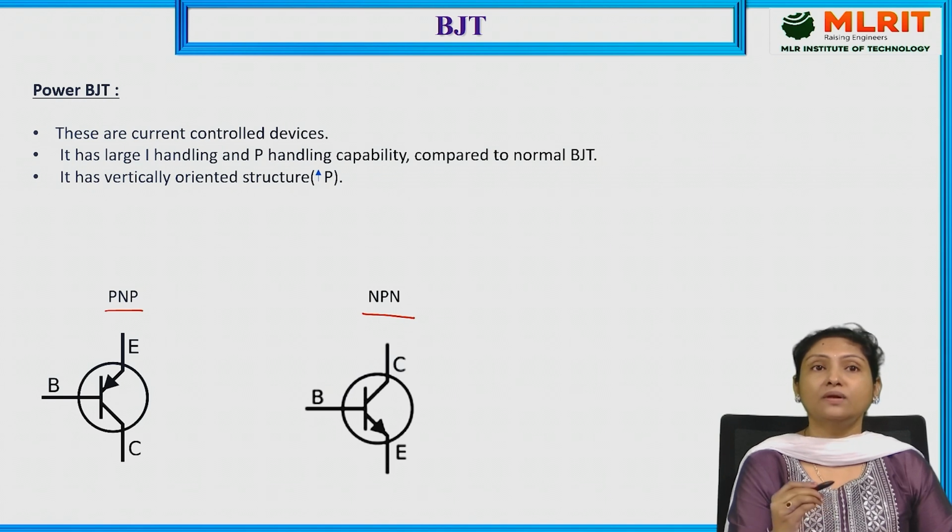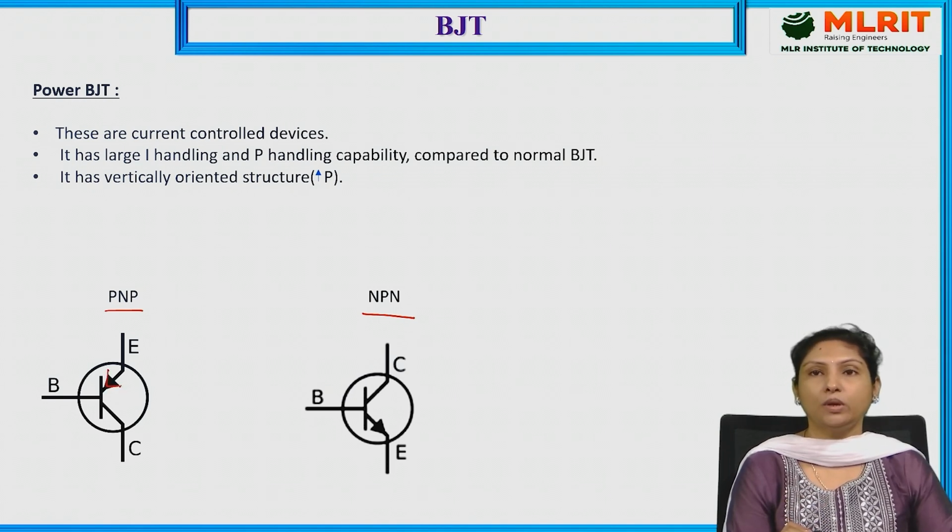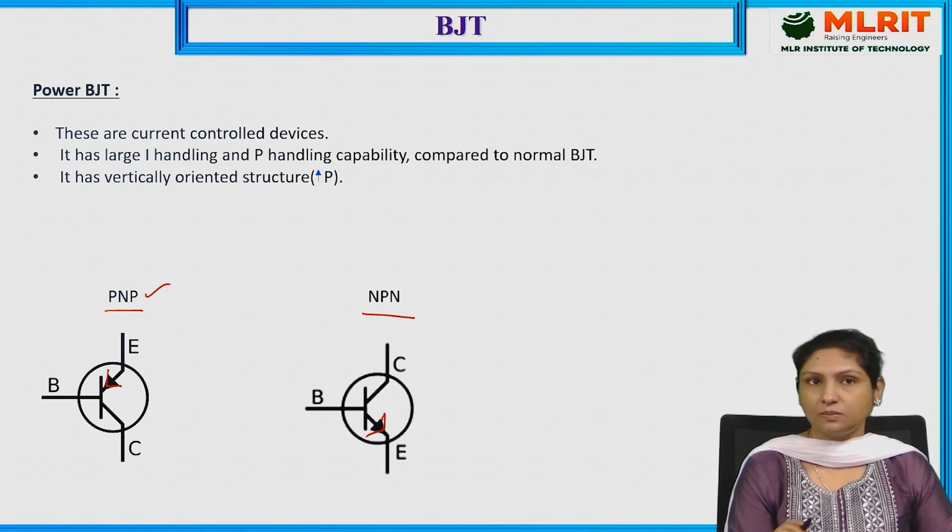If the current direction is showing inwards, we call it a PNP transistor. And if this arrow direction is showing outwards, we call it an NPN transistor. So that is the basic difference between PNP and NPN transistors.